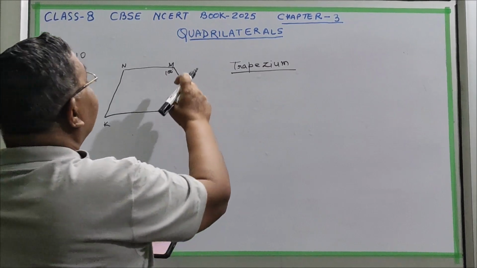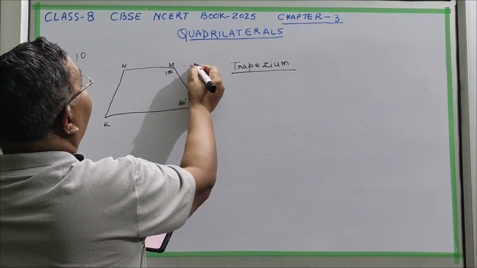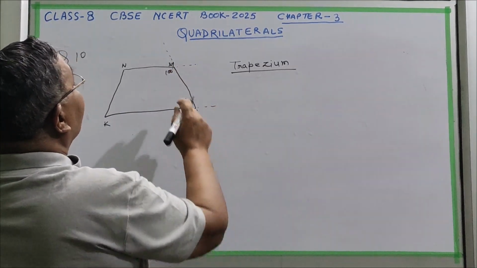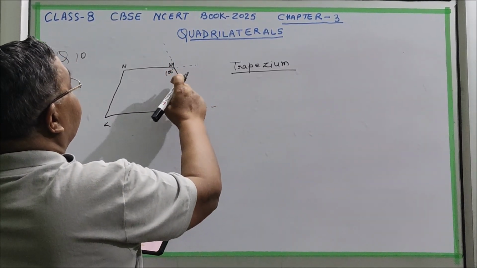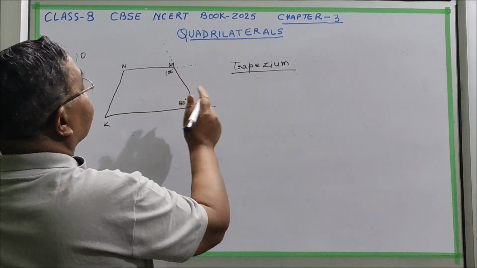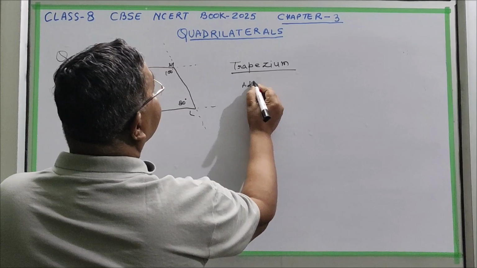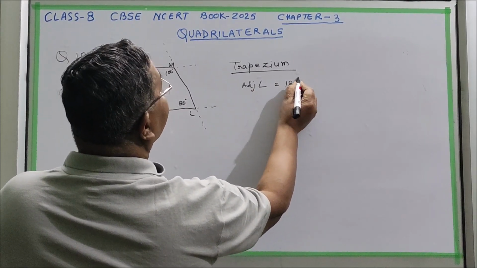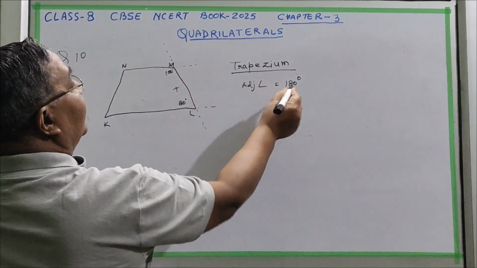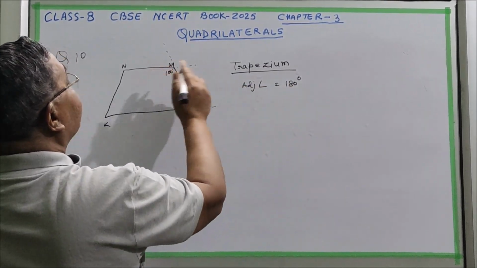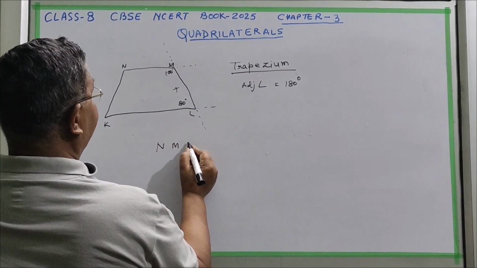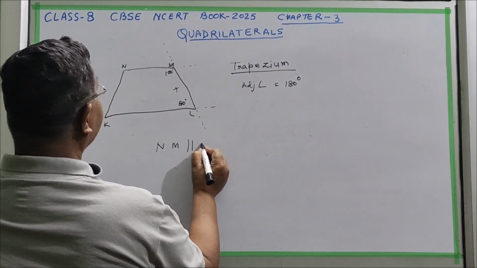So to prove, if a transversal cuts two parallel lines, these inner side angles should always be adjacent angles, and adjacent angles will always be equal to 180. Here 180 is coming. This plus this is 180. So it means these two lines, NM is parallel to line KL.